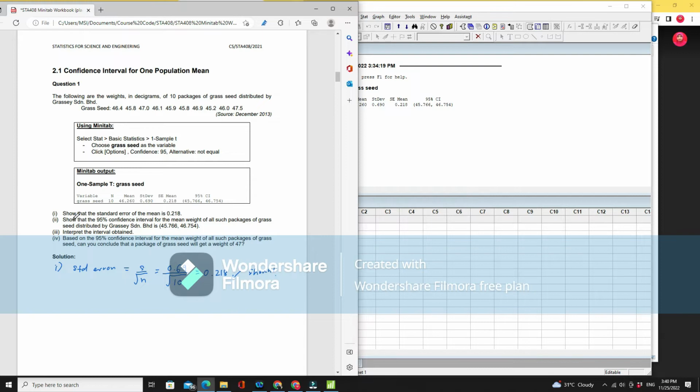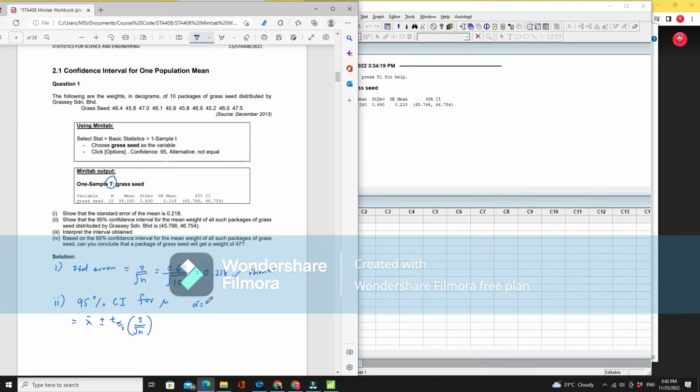Next, show that the 95% confidence interval for the mean weight distributed by Grassy Sendirian Berhad is 45.766 and 46.754. Second one, 95% confidence interval for mean mu. Since this is a one-sample T-test, we use the T distribution: x bar plus minus t alpha over 2 times S per square root n, the standard error.